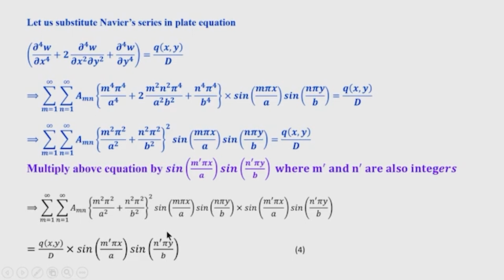We have taken the origin of the coordinate system at one of the corners of the plate, the left hand side top corner. So, along the x direction the range of x is 0 to a, and along the y direction the range is 0 to b.